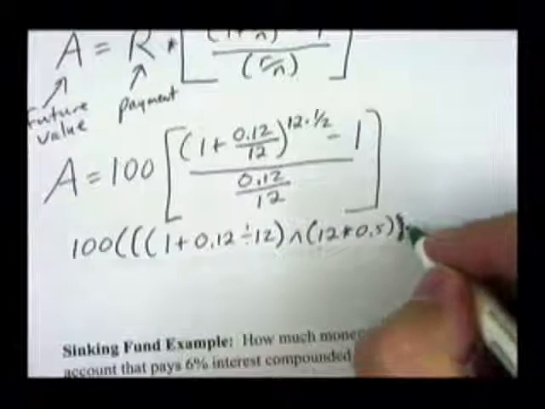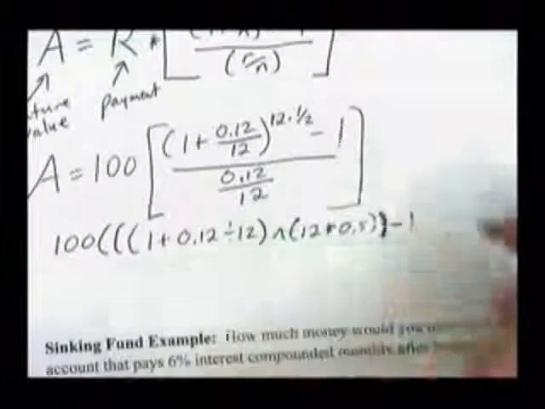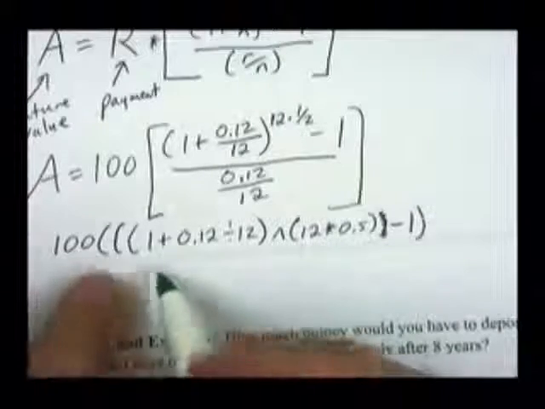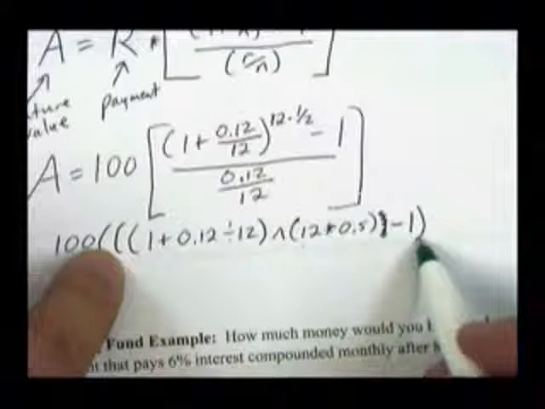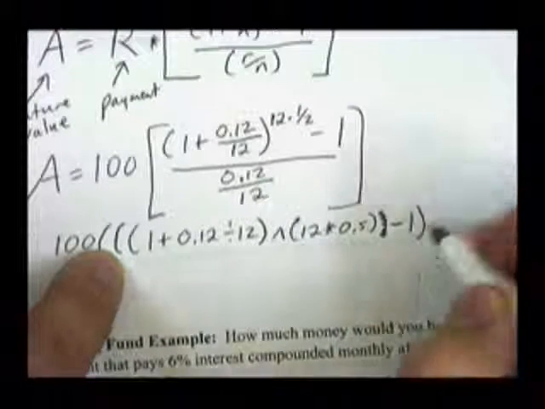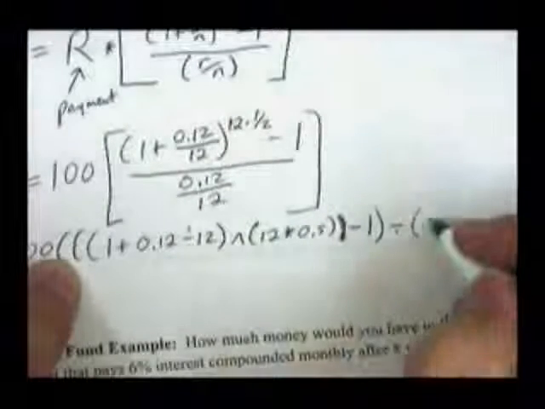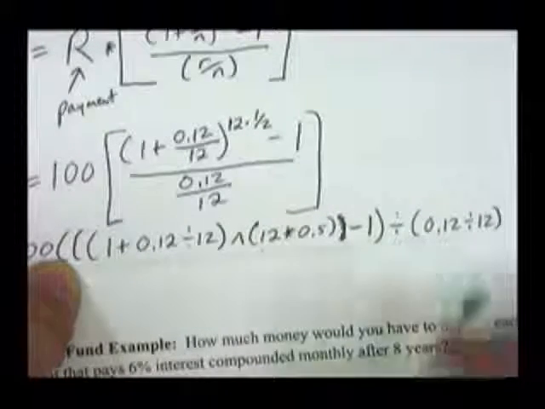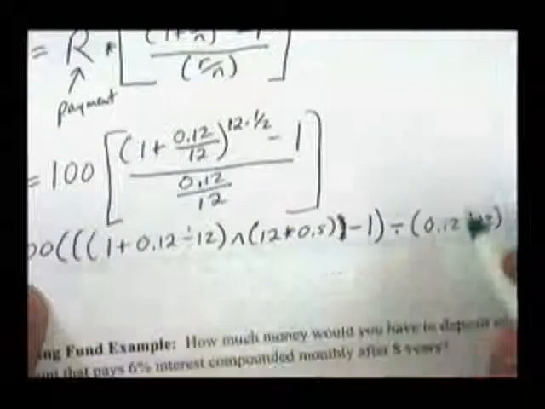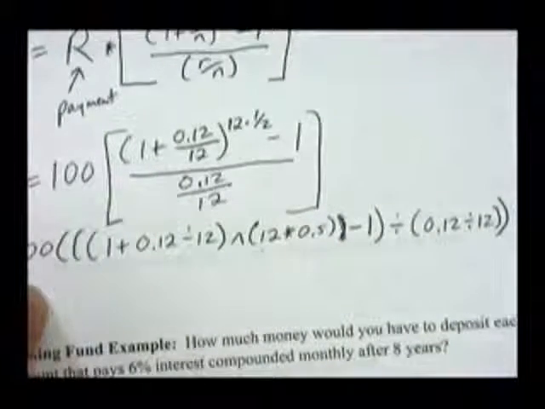Now I have minus 1, which is going to be the end of my numerator, so I can close the numerator parentheses. So here's the parentheses around this piece. Here's the parentheses around that piece. Here's the parentheses around the numerator. Divided by, I need parentheses around the denominator, 0.12 divided by 12. And then I need parentheses where my brackets were. So I'm going to close the brackets.